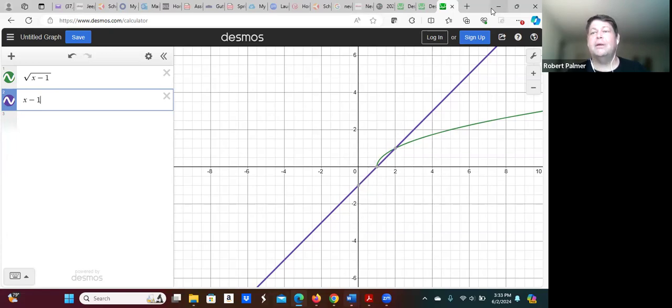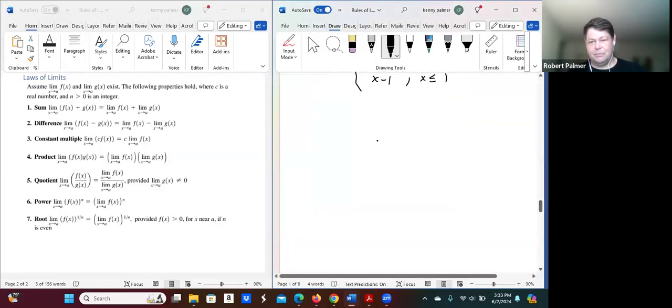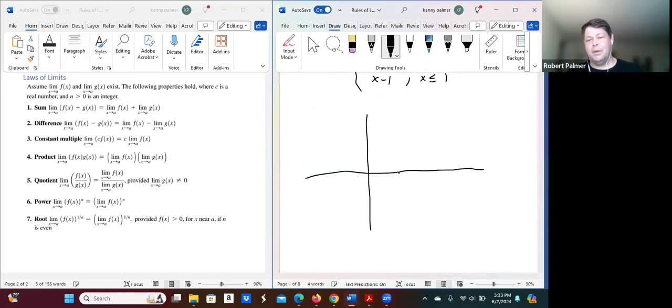Let's go back here. Okay. So right here, for this square root of x minus 1, this point right here is going to be 1, 0.